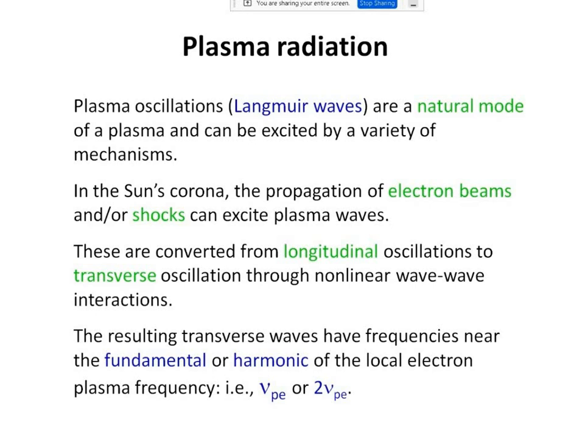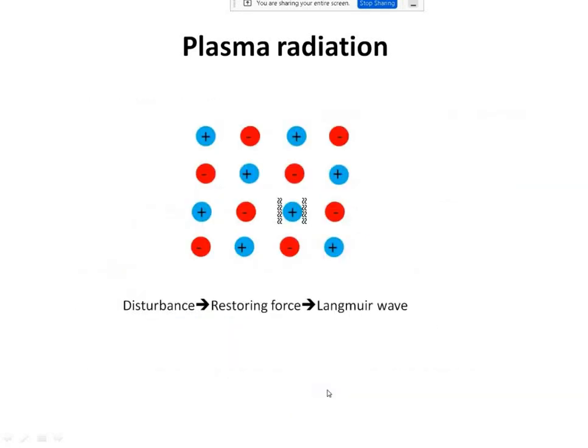And these waves are converted from longitudinal oscillations to transverse oscillations. The resulting transverse waves can have frequency near the fundamental or harmonics, which means the plasma frequency or the second plasma frequency. This is the generation of Langmuir waves.